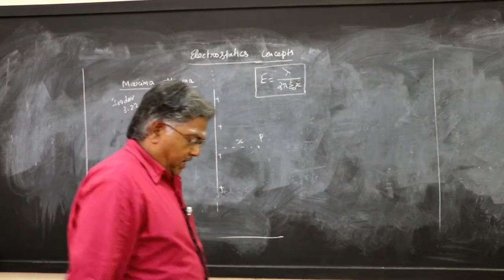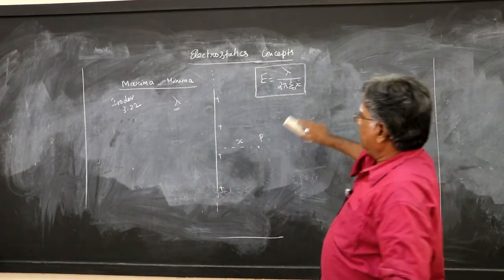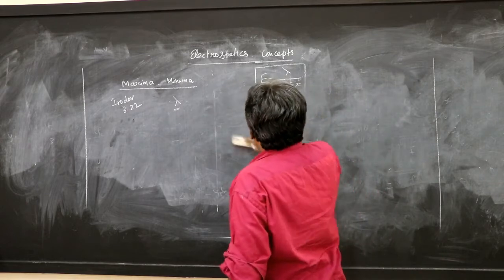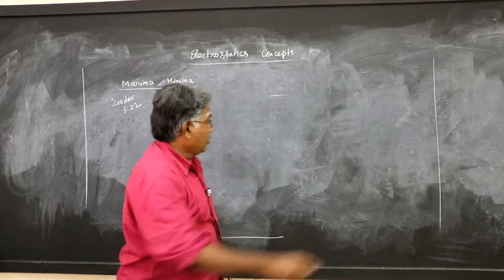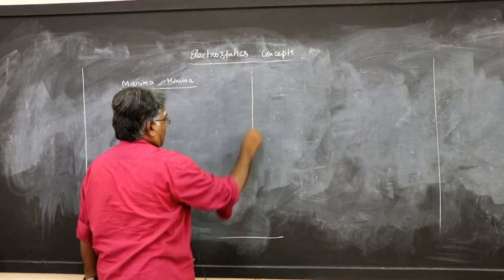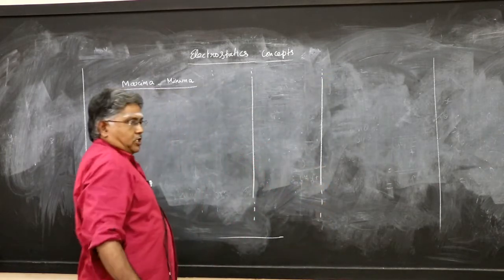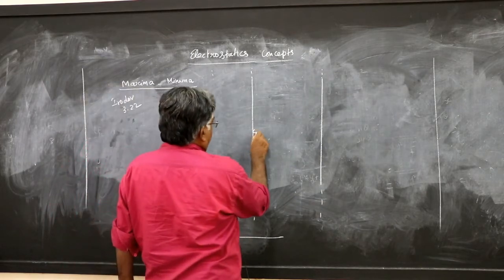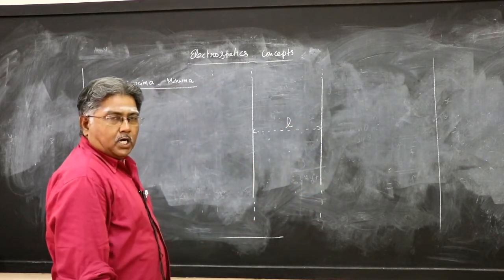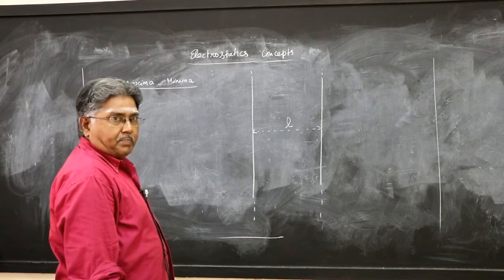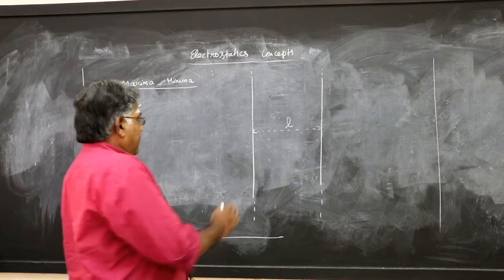You can take them to be infinite lines of charge, separated by a distance L. You are supposed to find in a symmetry plane.